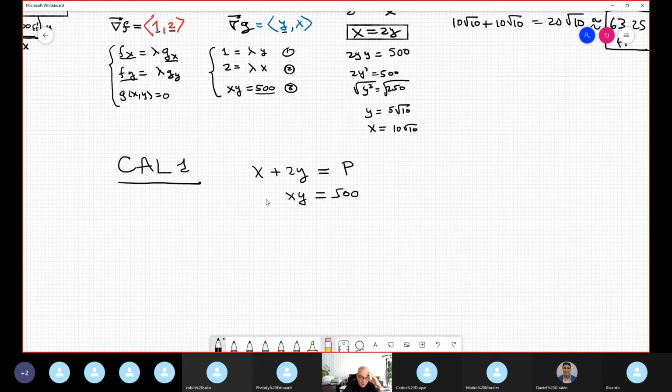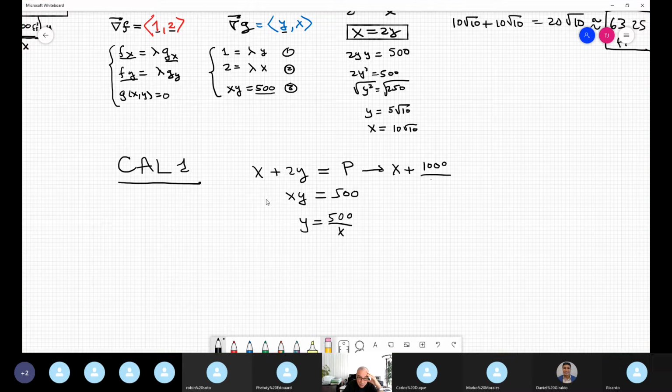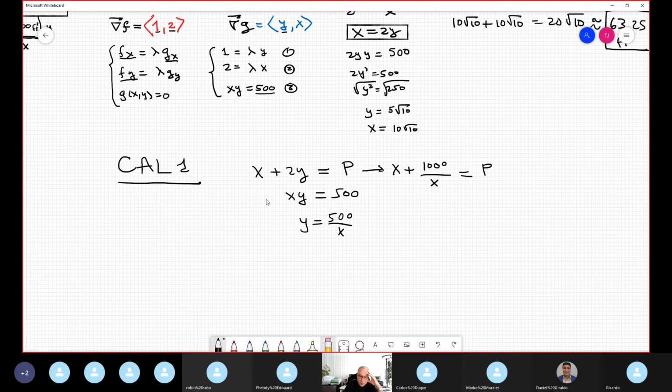Entonces, suppose you isolate the y in the constraint, is 500 divided by x, and substitution in the objective function, entonces is P equal x plus 2 times 500 is 1000 over x. Entonces we have one function que contain only one variable, que es x. This is Cal 1 problem.